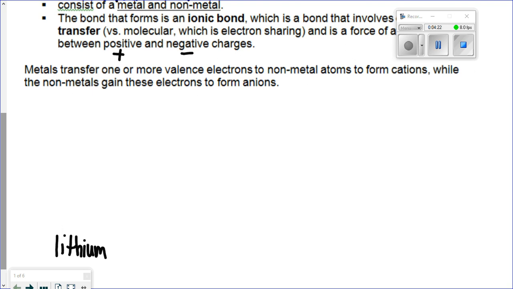There is an organization and a governing body of science called the International Union of Pure and Applied Chemistry. It's usually shortened to IUPAC.